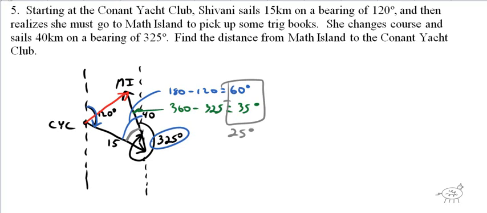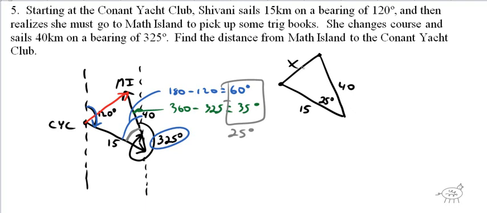Okay, so if we can sketch this real quickly again. So this is 25 degrees, this is 15, and this is 40, and I'm looking for the actual distance from Math Island to Coney Island Club. So these two values right here, so I'm looking for x.